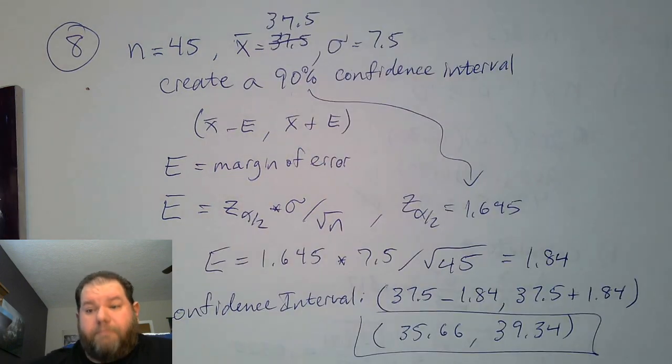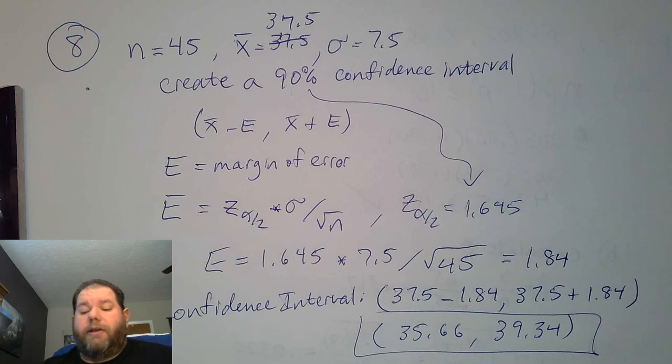Total plasma volume for firefighters, at least, this is the population that we're looking at, is between 35.66 and 39.34 milliliters per kilogram. Main thing I'm looking for, though, is the numbers here. So you'll have a blank to fill in for each of the elements here, and these two especially.